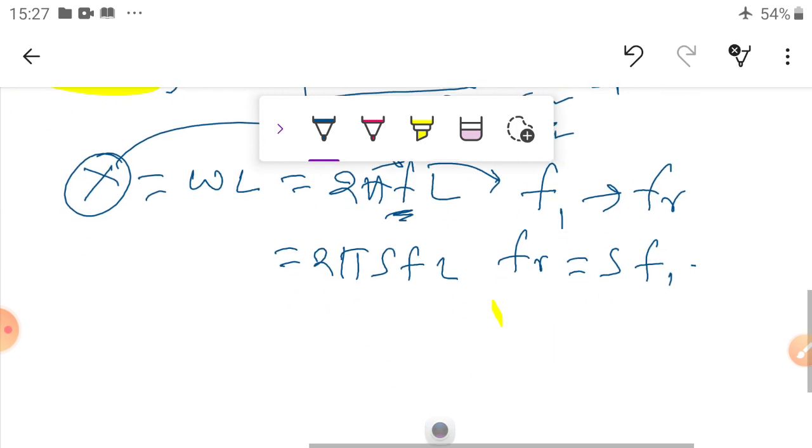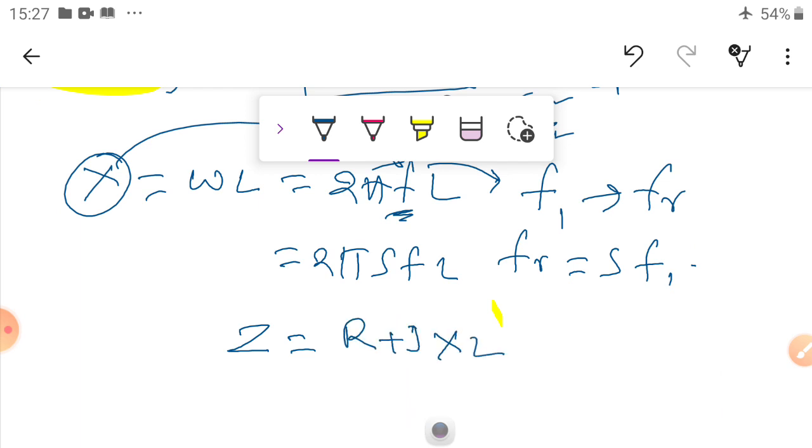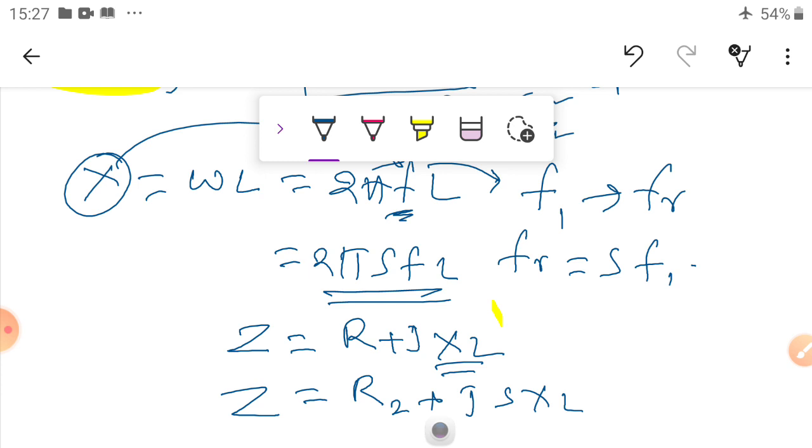And similarly, Z also changes. What is Z? Z is equal to R plus jXL. Now R, I can write as R2, plus this XL. What is the value? Changed this value, so I can write j into S into XL. So Z also changes.